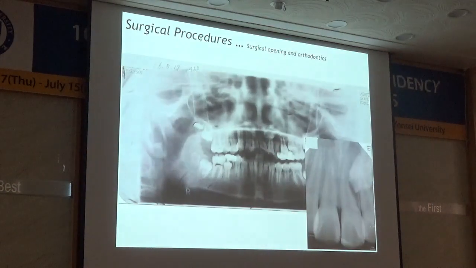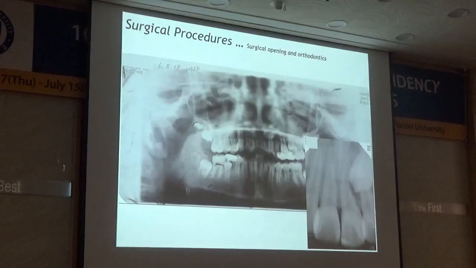I will show some clinical procedures like this one. There is an impacted canine on the left side, and there is a small amount of root resorption, but we did the pulp vitality test before the surgery. When vitality is present, we do surgical opening, and then we remove the chance of external eruption.